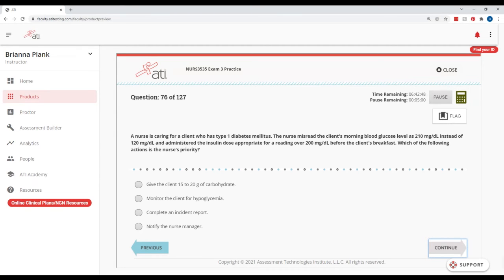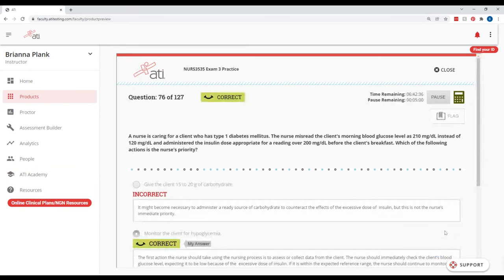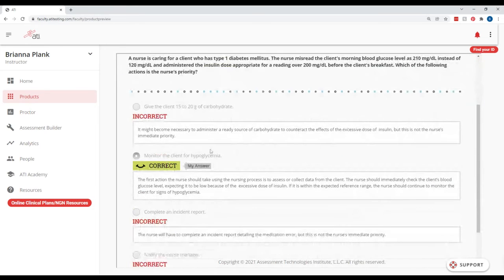What do we want to do first? Most votes for B. So yes, we're going to want to probably administer this, but before that, we're going to check and see what their sugar is.